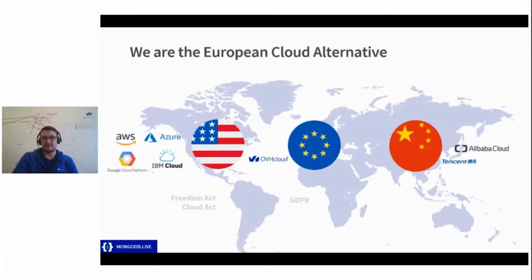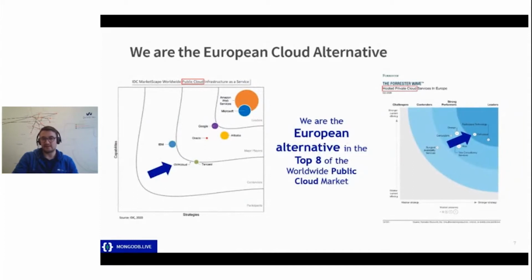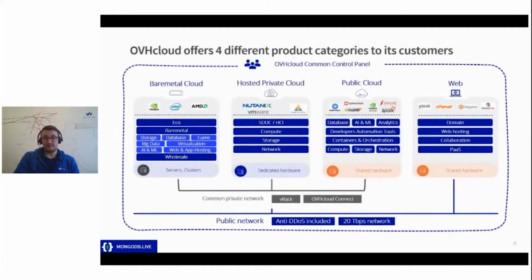In a world governed by the American and Chinese cloud providers, we are the European alternative. Why are we an alternative? Mainly because as Europeans we care about our customers' data privacy, meaning we care a lot about who is accessing our customers' data, who is able to do it, when it is possible to do it, and also how our customers can manage the access to their data and where the data is actually stored.